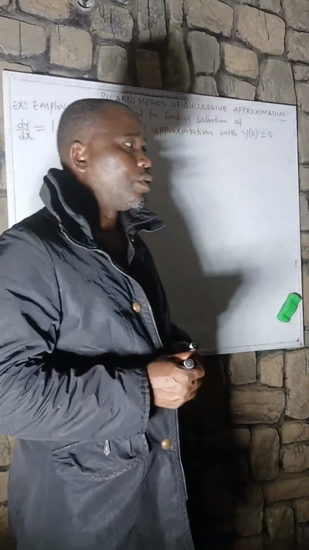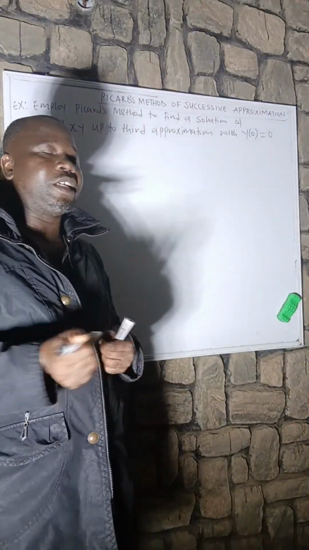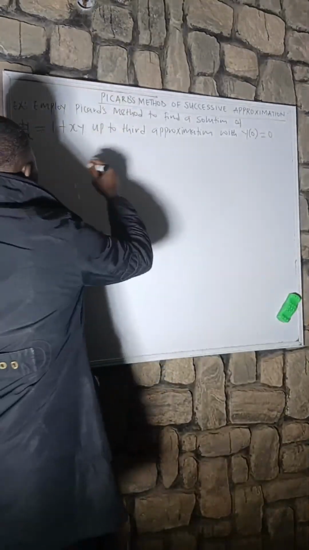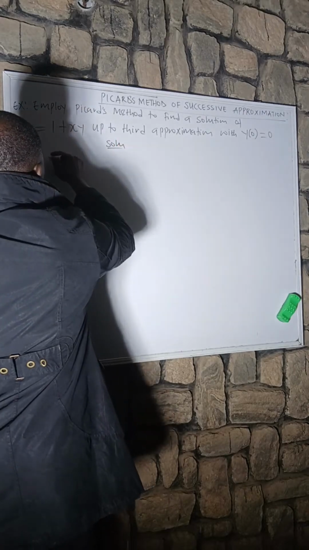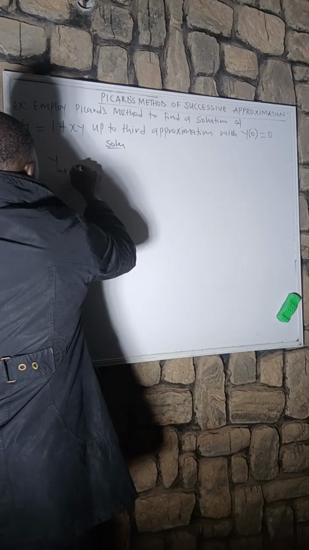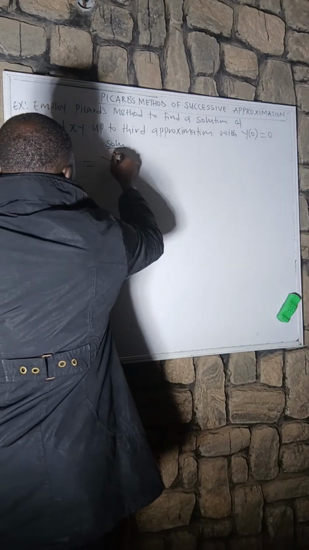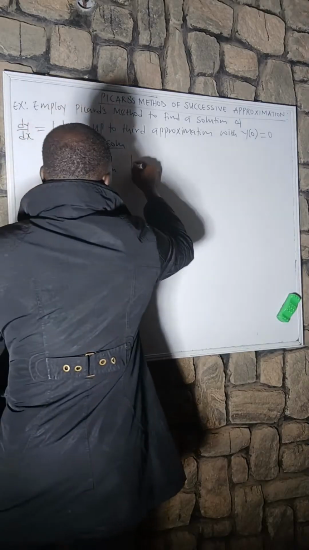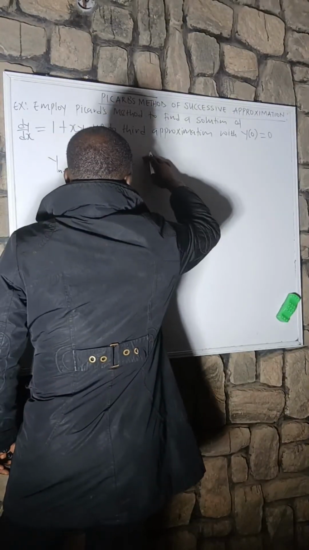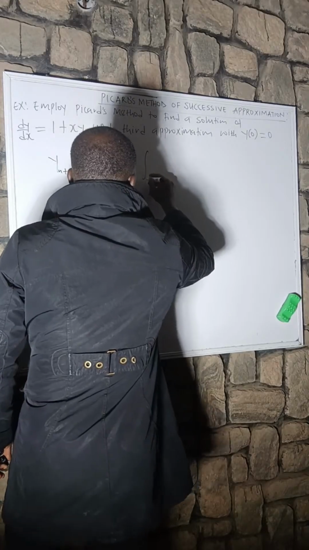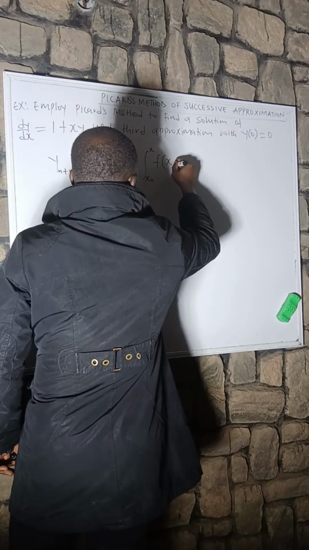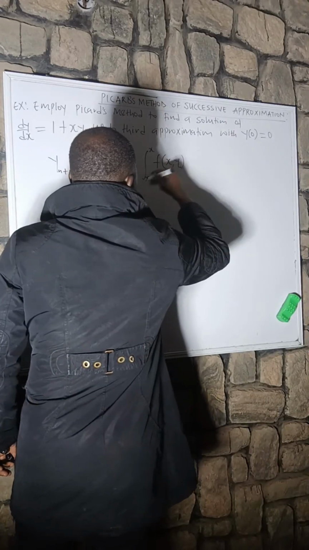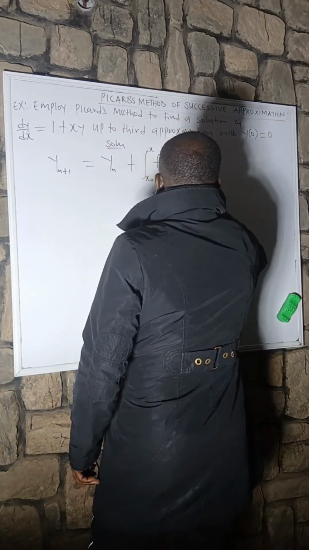Since Picard has to do with iteration, the mathematical definition is given as: y subscript n plus 1 is equal to y subscript n plus the integral from x naught to x of f of x comma y subscript n dx.